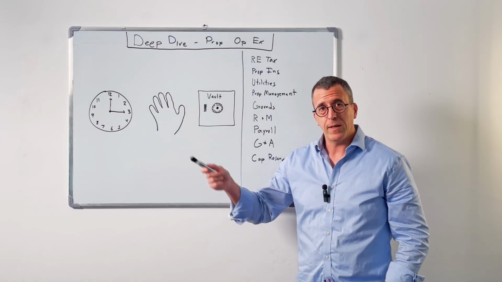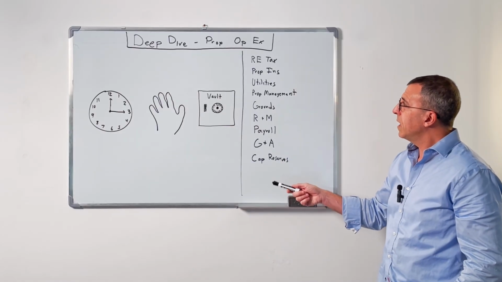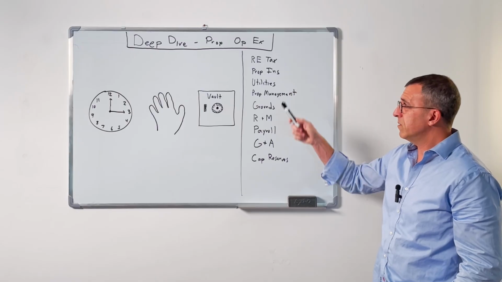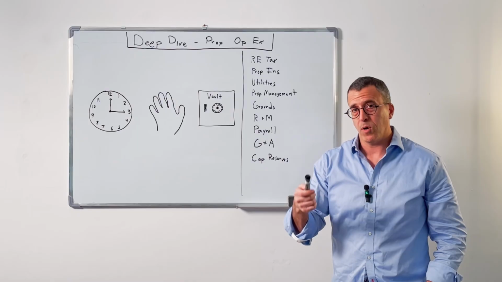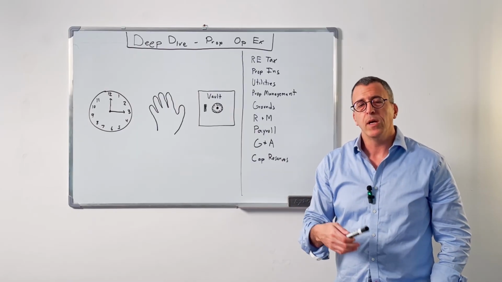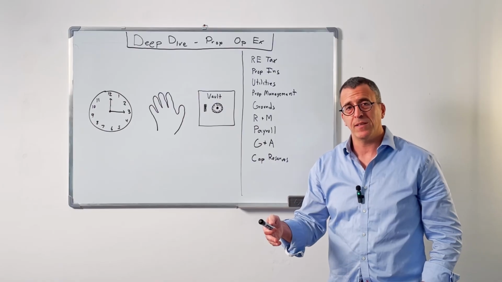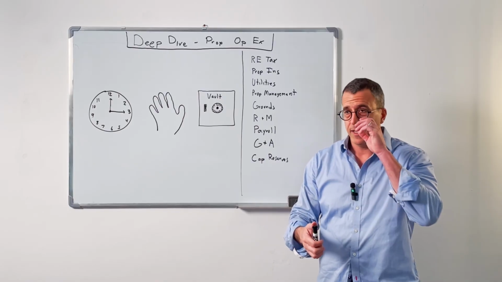So that's important. Let's take another example. It could be utilities. Different properties are going to have different costs for utilities. Perfect example, Florida or anywhere in the south of the country that has high air conditioning expenses throughout the summer season and really all year round for many of these areas.